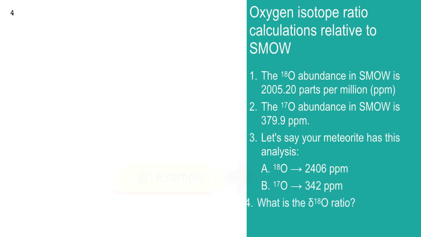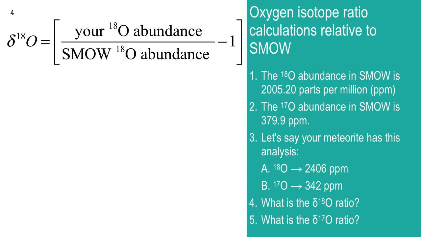All right, so now the thing that you check, if you're a scientist analyzing this meteorite, is something called the delta 18 oxygen ratio and the delta 17. That little curvaceous d is the Greek letter delta, lowercase.